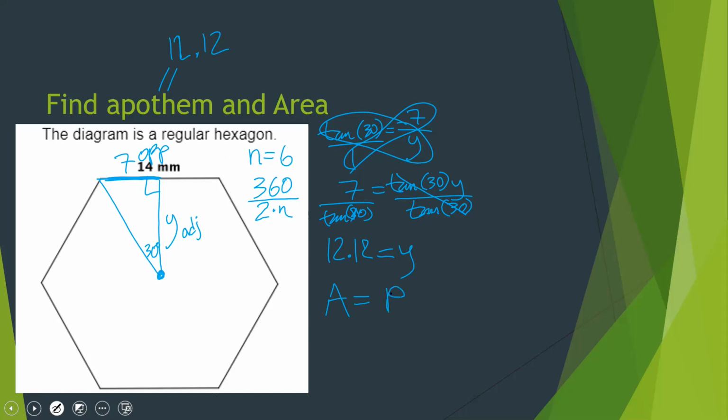Area equals perimeter times apothem over 2. What's the perimeter of this? Well, if this is 14, this is 14, this is 14, and all the way around is 14. So that's 14 times 6, which is 84. So I know my area is going to be equal to 84 times that 12.12 over 2.